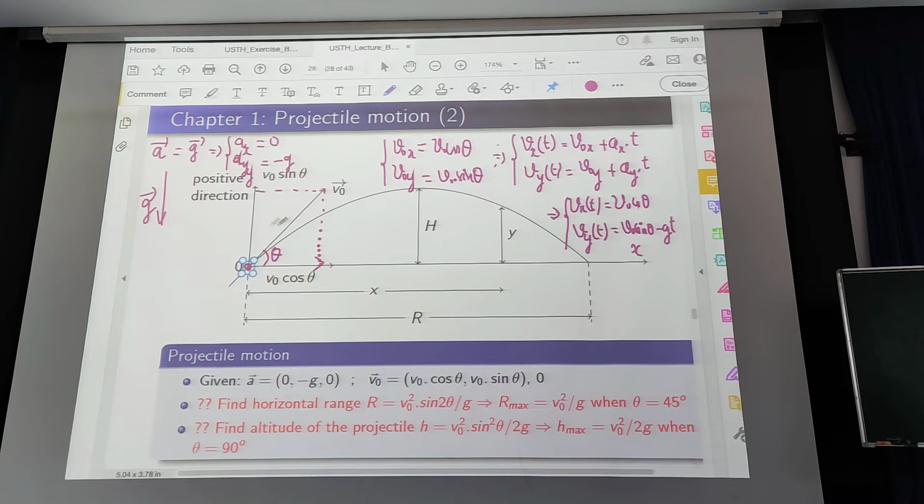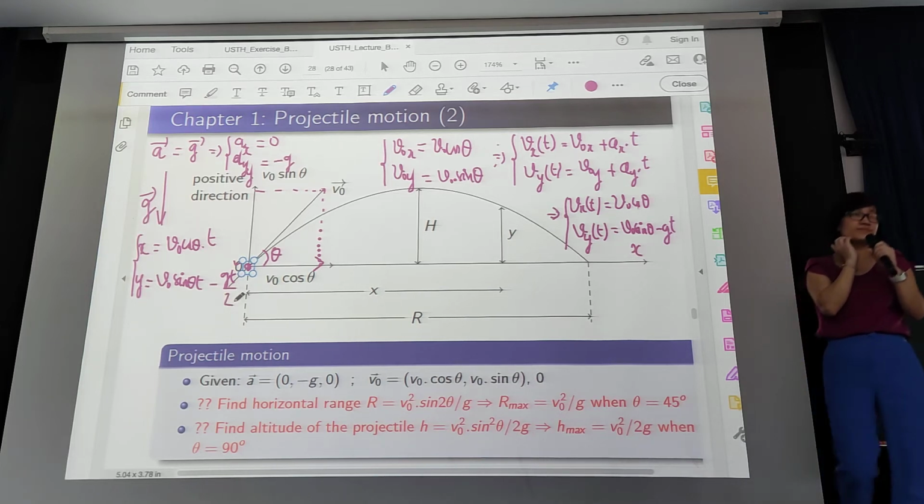How about the position x and y? x0 is 0, plus v0x t, which is v0 cos theta t, plus ax t square over 2, but that is 0. So I have y equal to v0 sin theta t minus g t square over 2.